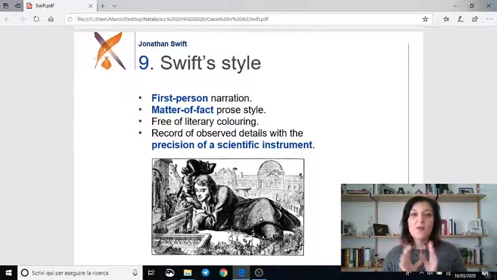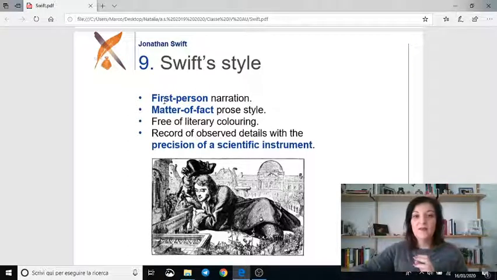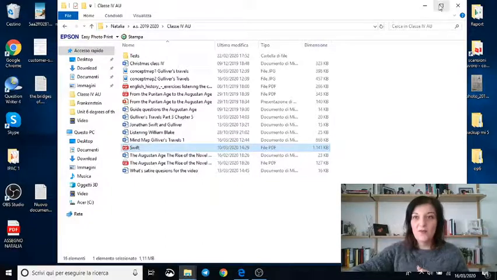Then the prose style is what is called, sorry for the noise, a matter of fact prose style. What is the Italian for matter of fact?